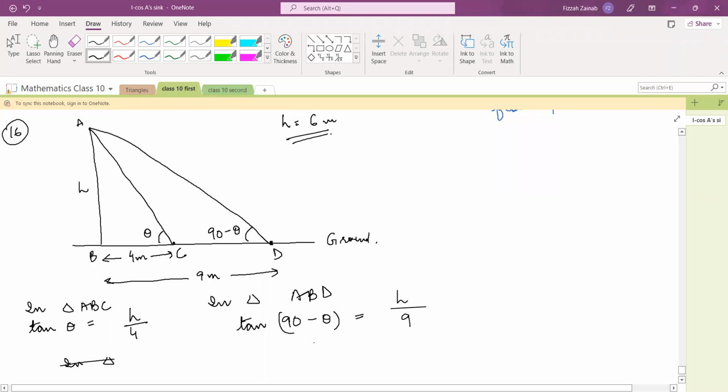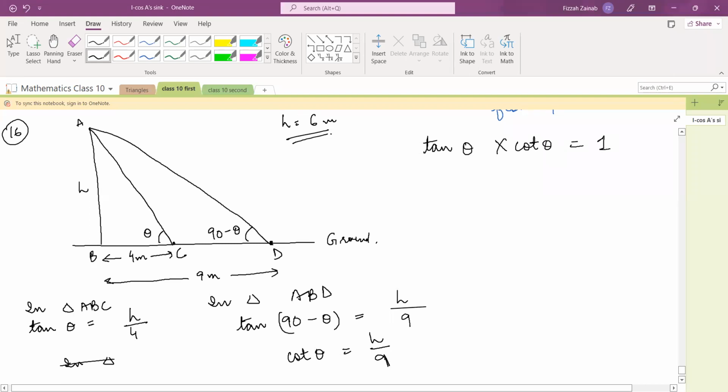Now how can I solve it? So tan 90 minus theta basically becomes cot theta. cot theta is h upon 9. So I've got tan theta, I've got cot theta. So actually tan theta into cot theta should come out to be 1, isn't it?